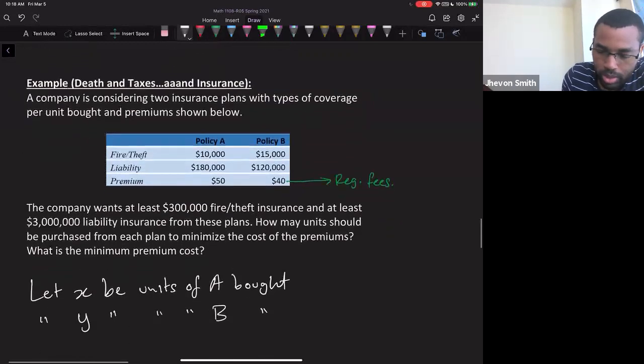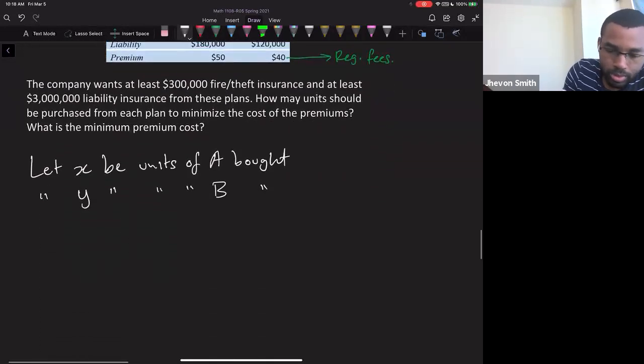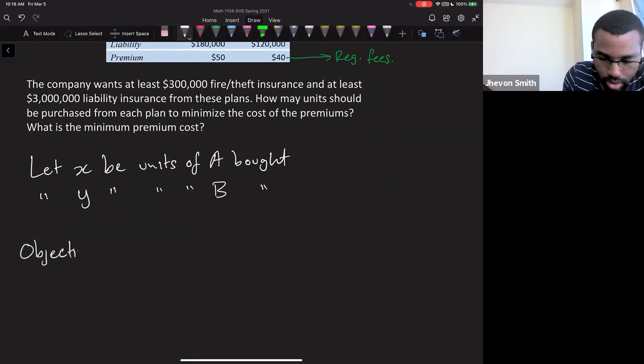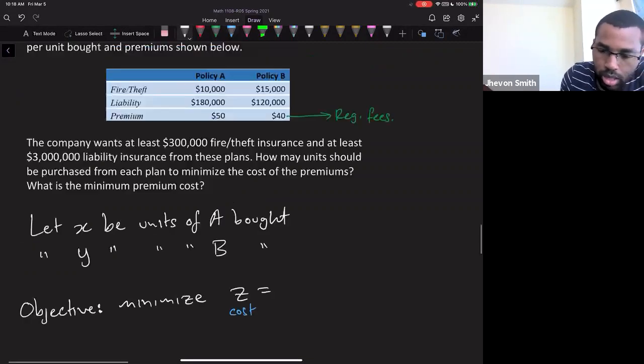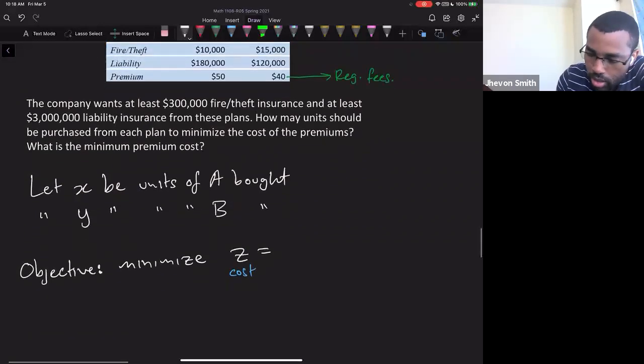What do we know? Objective: we want to minimize the premium cost. Which here, for each unit of A that I buy, I have to pay 50. For each unit of B that I buy, I have to pay 40.